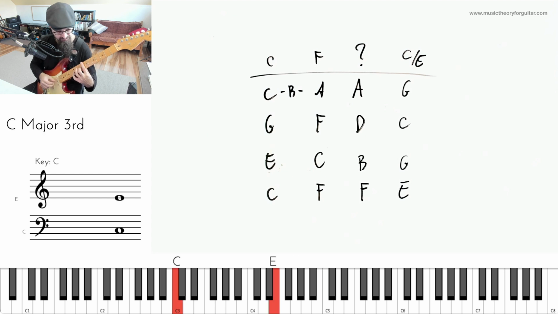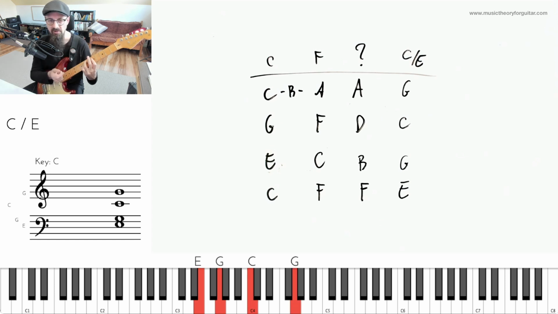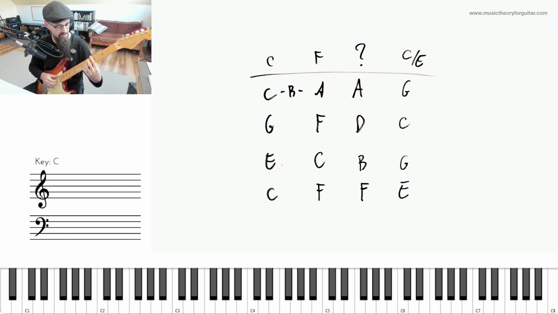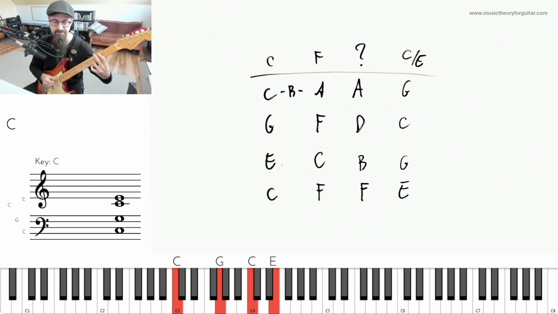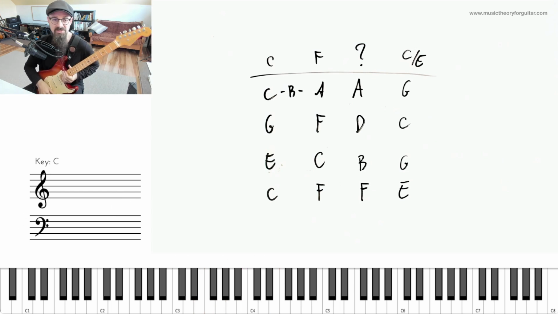And notice how sweet this sounds, okay? And then from here, of course, you can do whatever you want, because you have several options to continue the chord progression however you want.